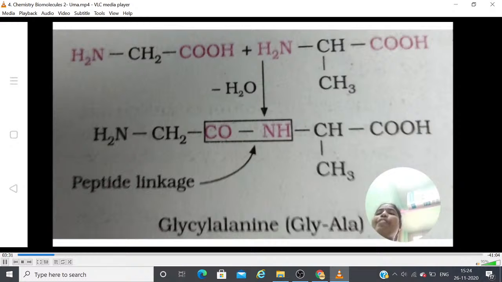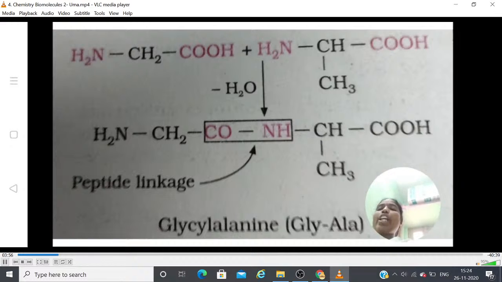See here, in the first molecule, both the amine group and the carboxylic acid group are present. At the same time, the second molecule also has both an amine group and a carboxylic acid group. But in the reaction, the carboxylic acid of one and the amine group of the other combine and lose a water molecule to form the peptide.